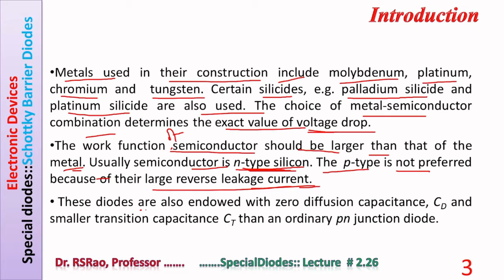These diodes are also endowed with zero diffusion capacitance CD and a smaller transition capacitance CT than an ordinary PN junction diode. PN junction diodes are associated with two types of capacitances: diffusion capacitance and transition capacitance. The first is under forward biased condition and the second under reverse biased condition.